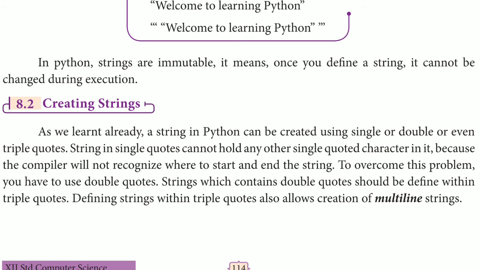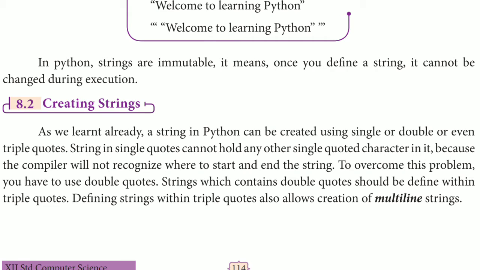A string in single quotes cannot hold other single quote characters in it, because the compiler will not recognize where to start and end the string. To overcome this problem, you have to use double quotes.